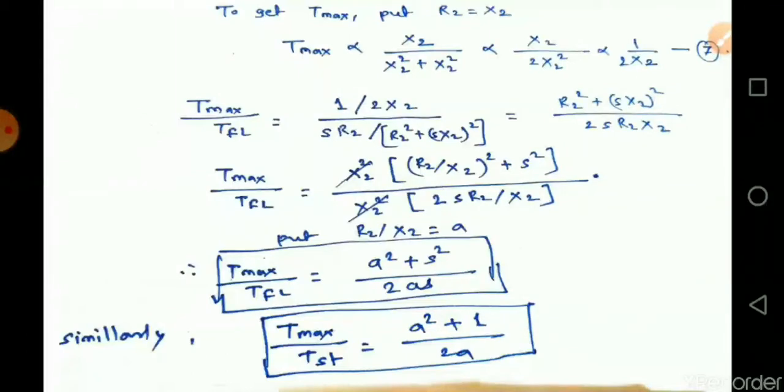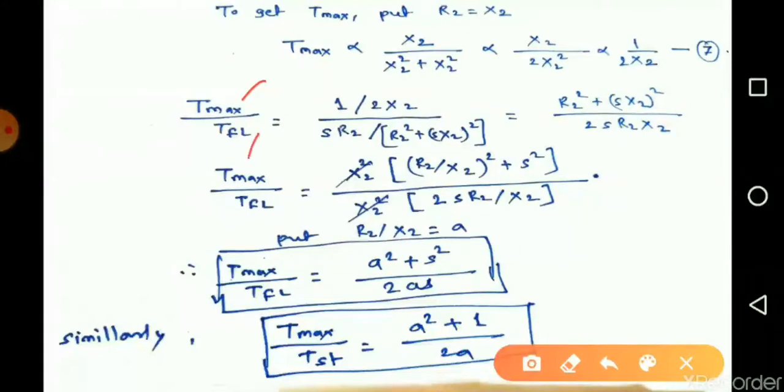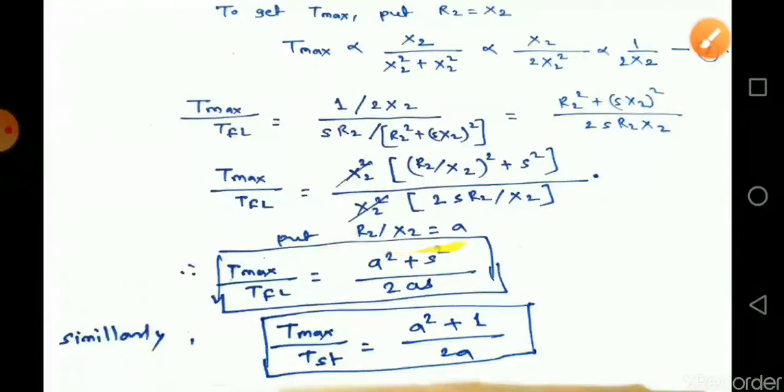First we'll take the ratio of maximum torque to full load torque. The maximum torque we can write from equation number 7 and the full load torque from equation number 5. If we take the ratio and solve, we come to the final conclusion that T_max upon T_FL is equal to (A square plus S square) upon 2AS, where we put the value of A as R2 divided by X2.